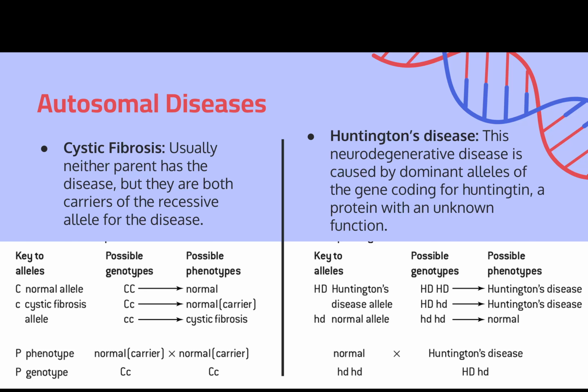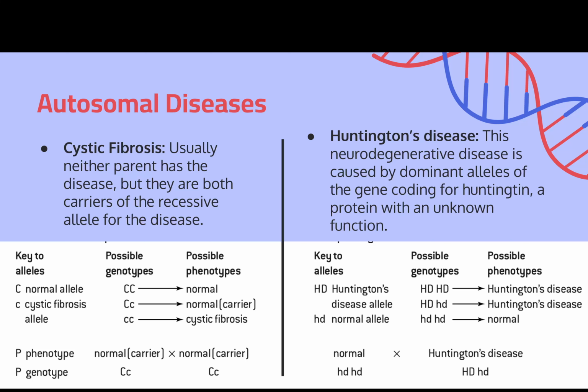There's a 2 in 4 chance that the children will be carriers as well, and there's a 1 in 4 chance that they will be completely normal. Because again, this is a double heterozygous cross.